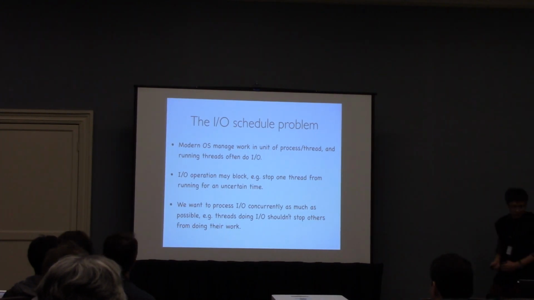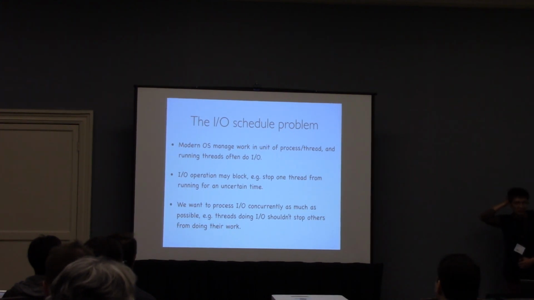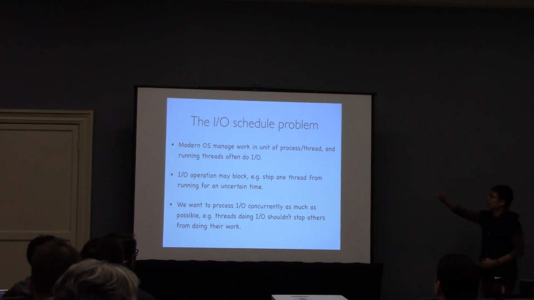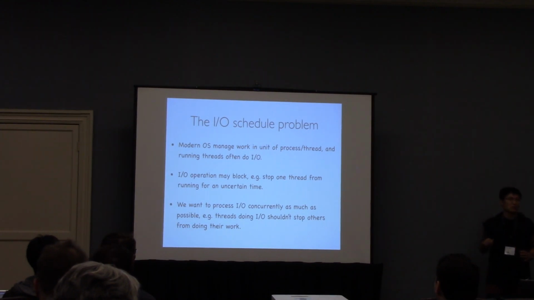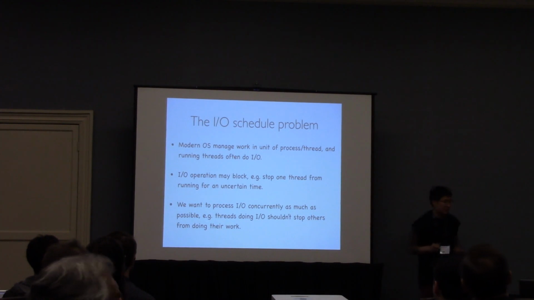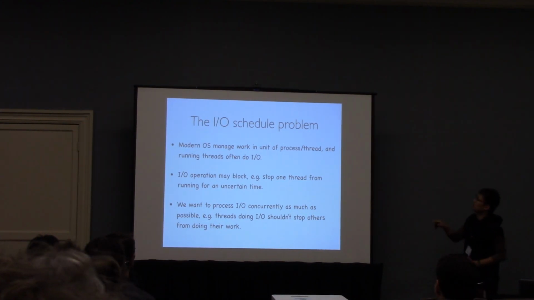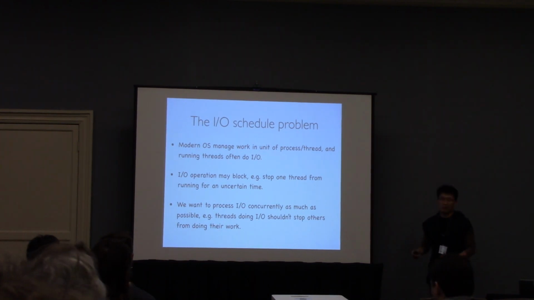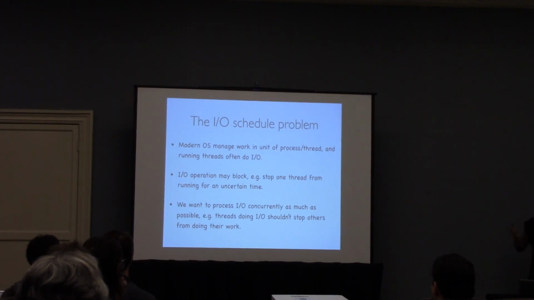So first, I have to present this scheduling problem. If you haven't heard about it, the problem basically consists of these three parts. Modern OS works in units of threads, so you can do multiple works concurrently using multiple threads, right? The problem is that once one of the threads does I/O operations, for example, trying to read a large file from the disk, it may stop itself from running.